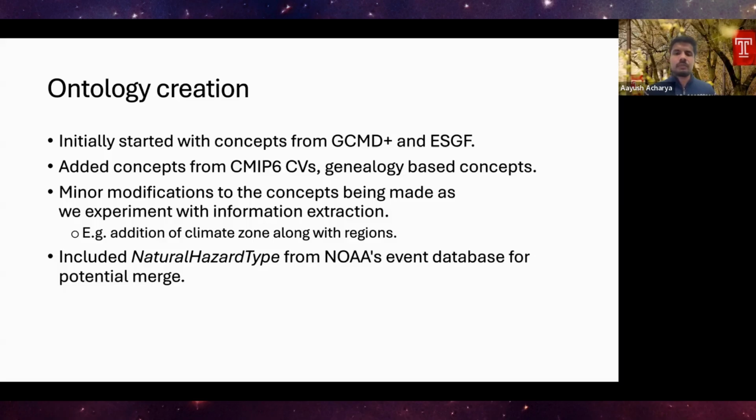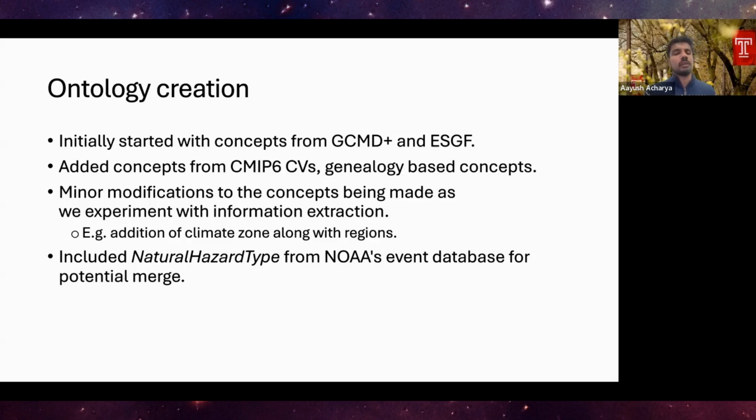Initially we started from that, but then we found out about metadata from ESGF, which had a plethora of information about climate models, experiments, and variables. All of this was well documented and in a standard form in ESGF.